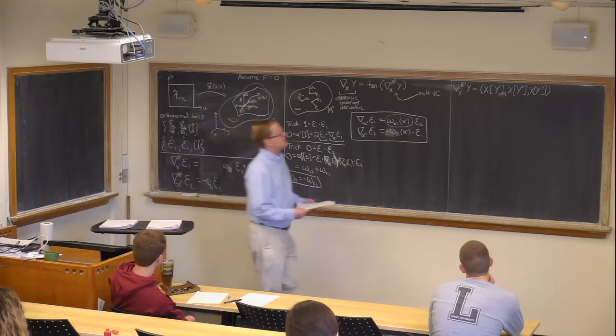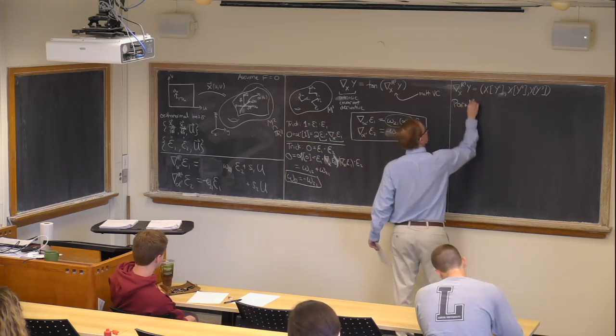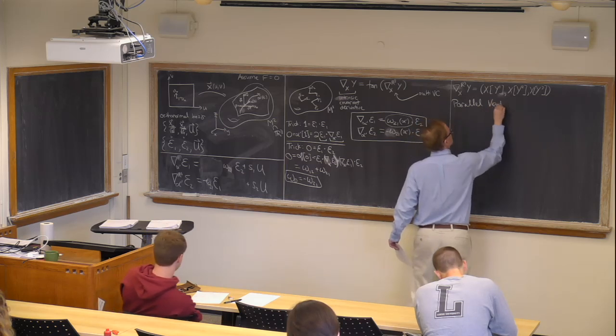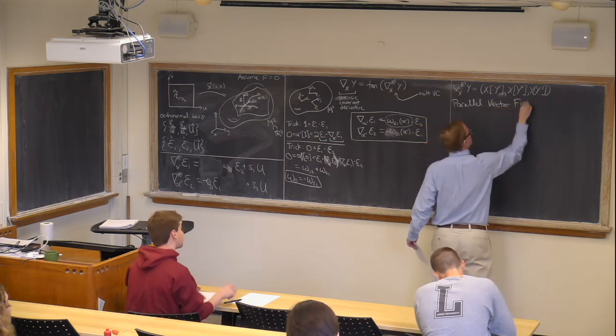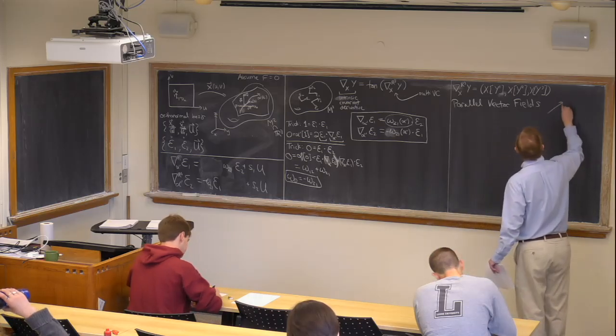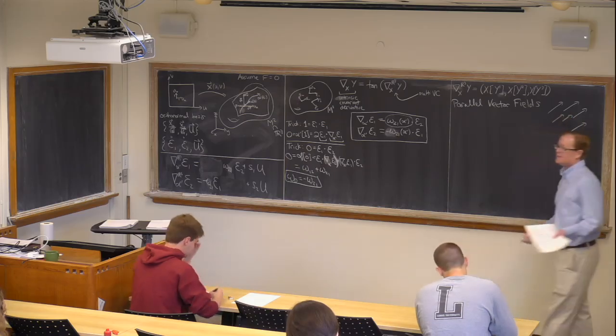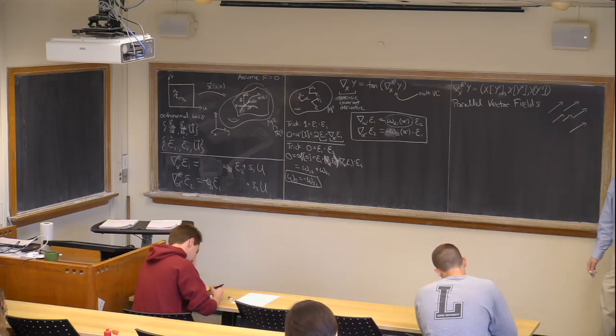One is the notion of a parallel vector field. So applications, parallel vector fields. Okay, the simplest example of a parallel vector field would be a bunch of parallel lines in three-dimensional space, okay? So the name is reasonably well named. What we're really looking for are constant vector fields, okay?